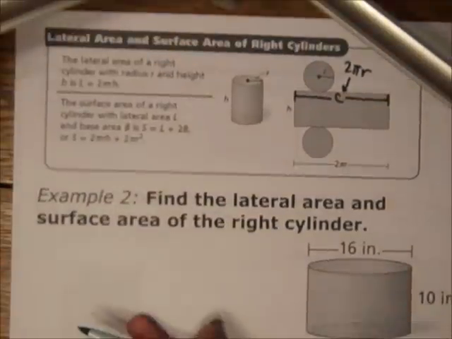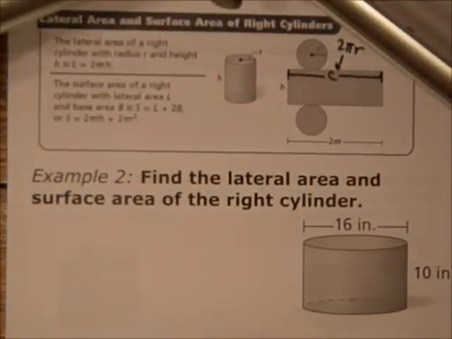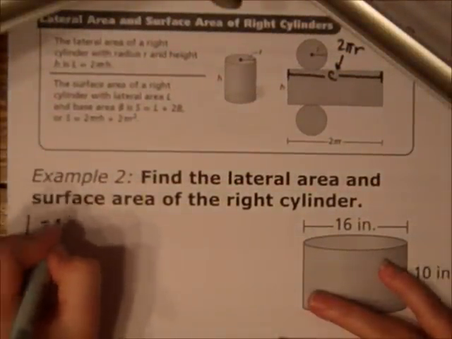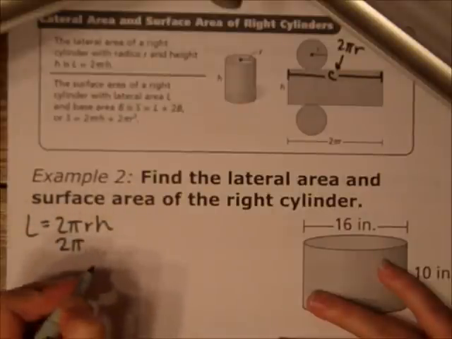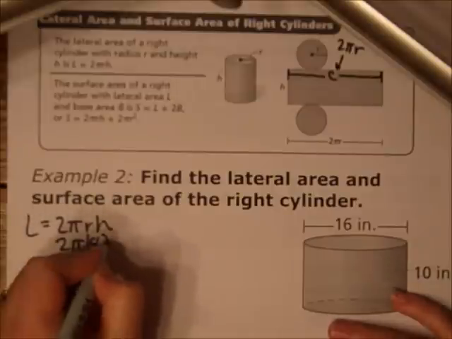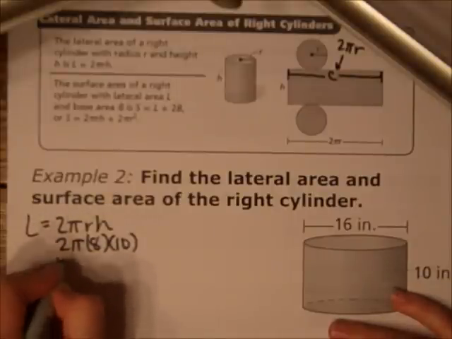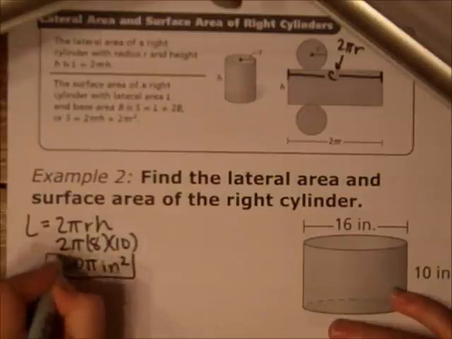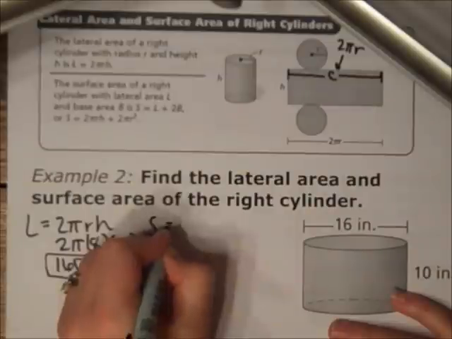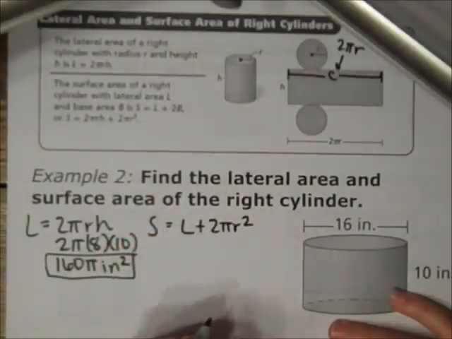Okay, so let's look at this one here. We want to find both. So let's start with lateral, 2 pi r h. 2 pi, the radius is 8 and the height is 10. So that is going to give us 160 pi inches squared. And then for total, we're going to keep the lateral and we're going to add 2 pi r squared.